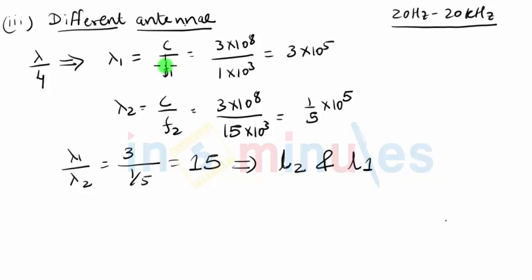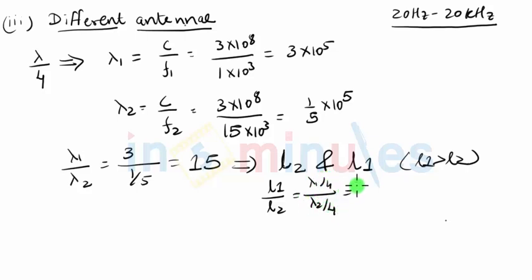To transmit F1, because F1 is the smaller frequency, the height of the antenna required will be larger, so L1 will be greater than L2. The ratio L1 by L2 will come out to be the same as lambda 1 by 4 upon lambda 2 by 4, as the length of the antenna required is of the order of lambda by 4. The 4 will cancel out, and lambda 1 by lambda 2 we have already calculated, which is equal to 15.